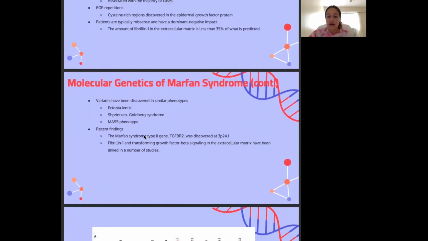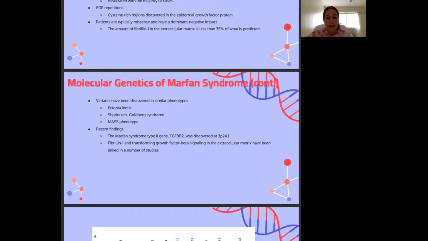Variants have been discovered in similar phenotypes. These similar phenotypes include ectopia lentis, Shprintzen-Goldberg syndrome, and MASS phenotype. Ectopia lentis is basically a condition that affects the position of the lens. Shprintzen-Goldberg syndrome is a rare genetic disorder that causes craniofacial abnormalities, skeletal abnormalities, neurological abnormalities, intellectual disabilities, among other things.